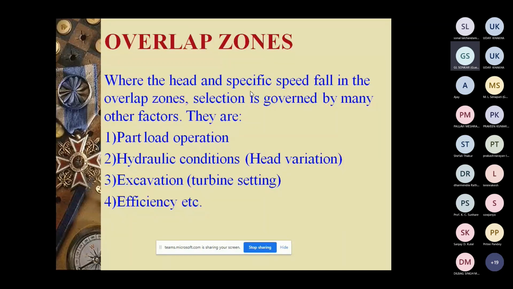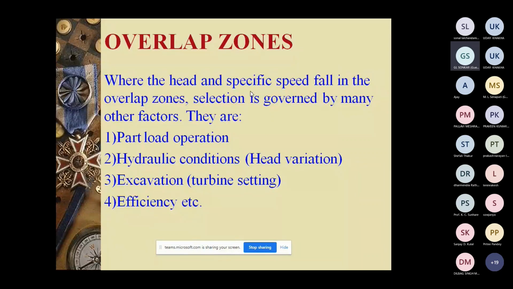So you consider the part load operation. As I told, 50 to 100% for Francis and 25 to 100% for Kaplan. Whether head variation is there or not, both are 65 to 125. Then efficiency: Francis is somewhat more than Kaplan. Then maintenance, I told you, is very easy for Francis turbine. One more thing is the excavation and turbine setting.